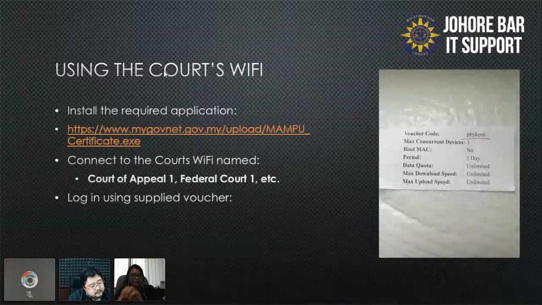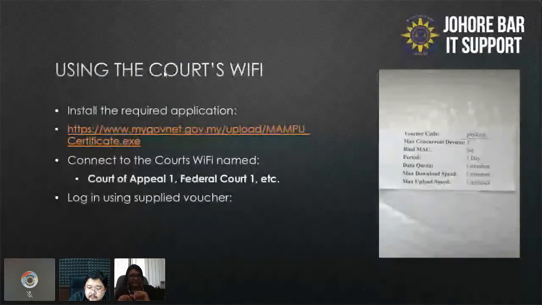That is for three devices for you to connect to the courtroom's Wi-Fi. So if you are in, let's say, Mahkamah Raya 1-6, you connect to the Wi-Fi called Court of Appeal 6. Then they'll ask for that code, and you put it in.